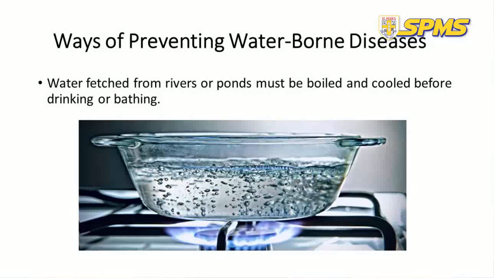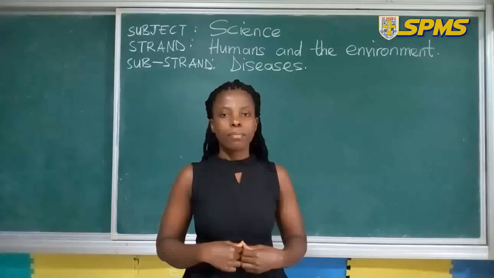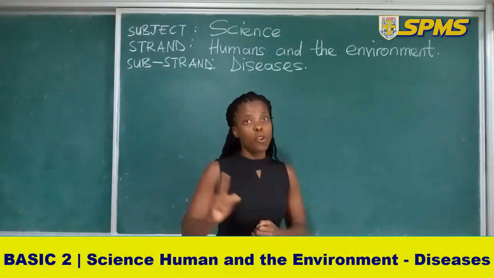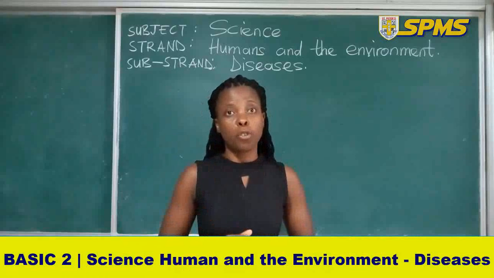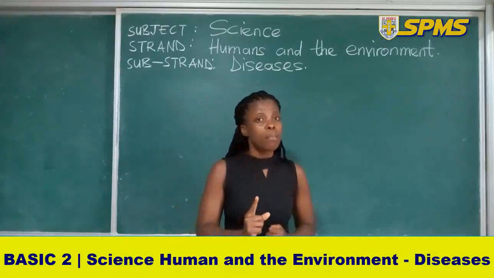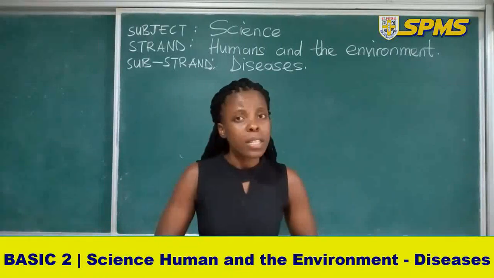By so doing, all the germs in the contaminated water will die. So make sure when you go to your village and you go to the riverside to fetch water, remember to tell them to boil the water because the water might be contaminated.